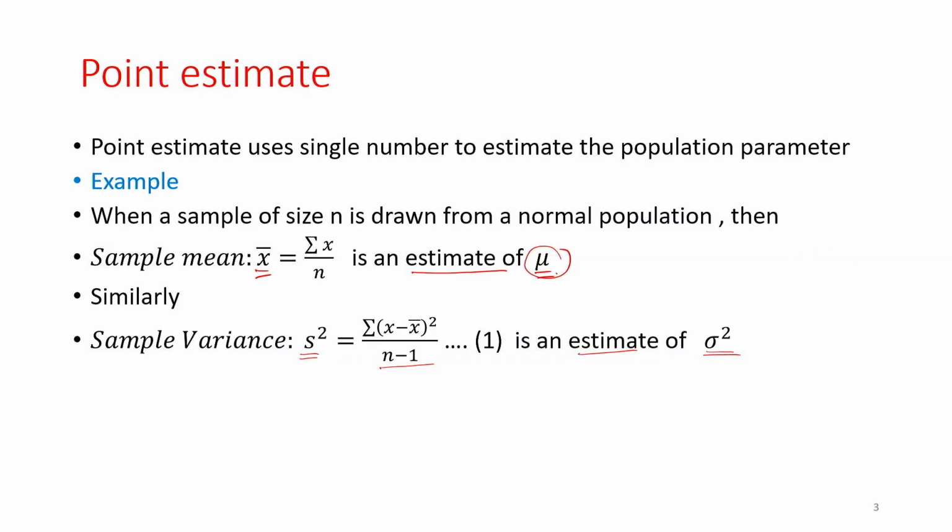I think I have already told you earlier that mu and sigma represent the population parameters, whereas x bar and s represent the sample parameters. Now the question that comes to the mind, how accurate are these estimates?